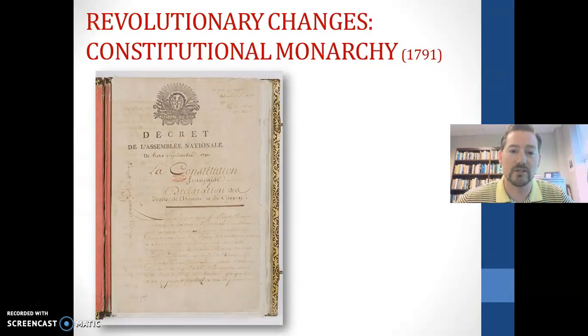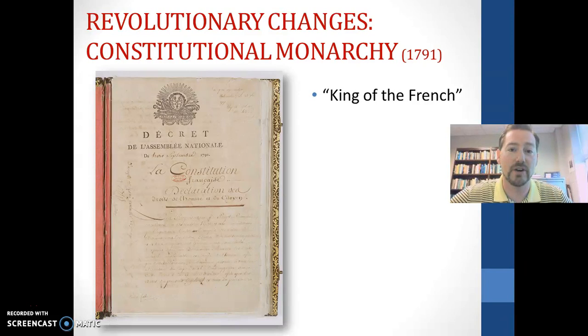The country did create a constitutional monarchy just 2 years later. They were not fully prepared to eliminate the monarchy yet. In 1791, they thought they would maintain the monarchy but have a constitution. And so one of the big changes in that constitution is that there's no longer a king of France, but instead king of the French.